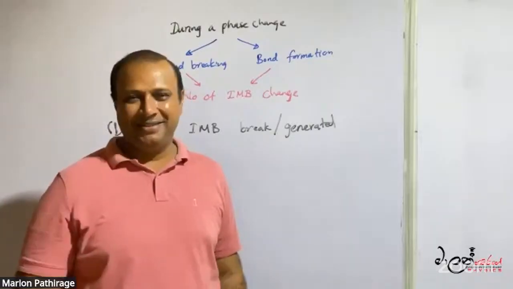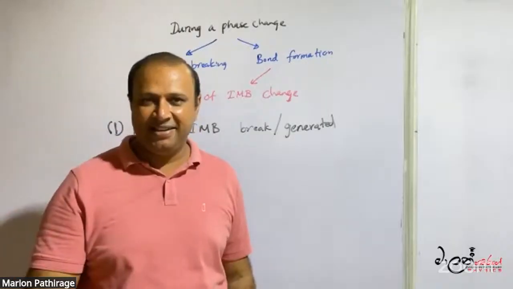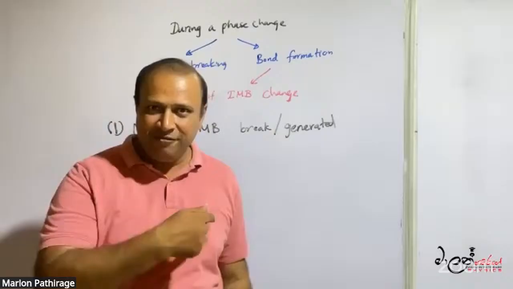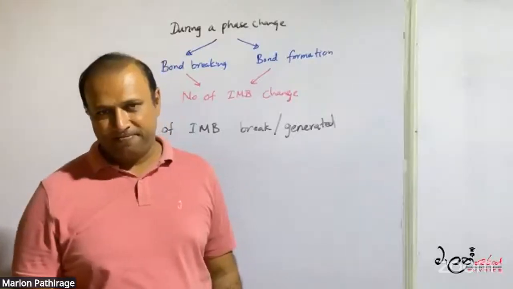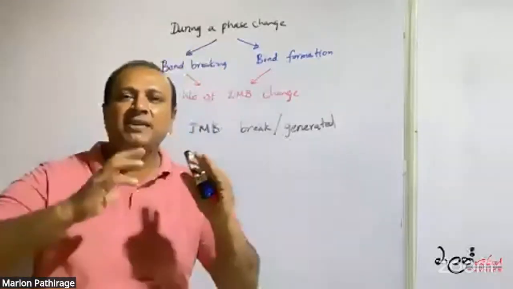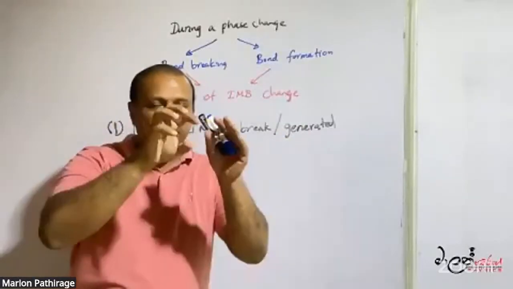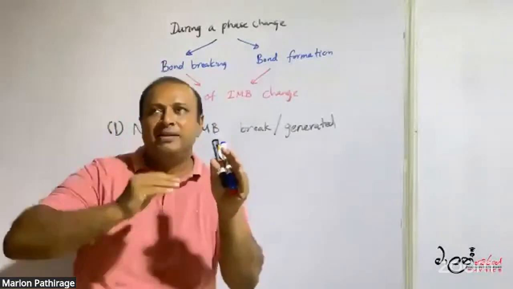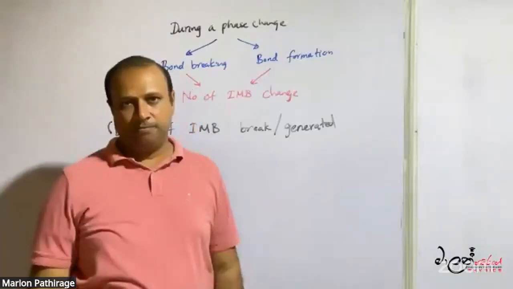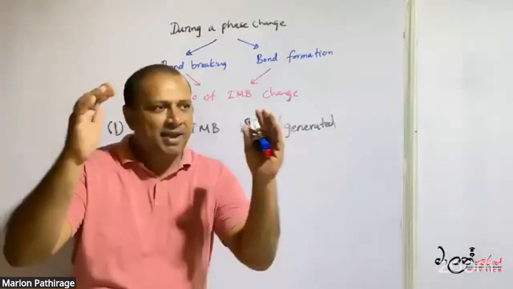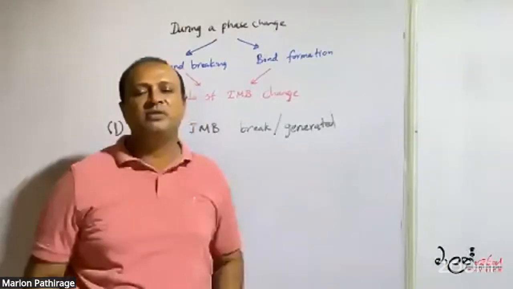But we know another physical quantity that influences the number of intermolecular bonds. That is mass. When the mass of the object increases, the number of particles increases, which means the number of intermolecular bonds increases. When the mass decreases, the number of particles decreases, so the number of intermolecular bonds decreases.